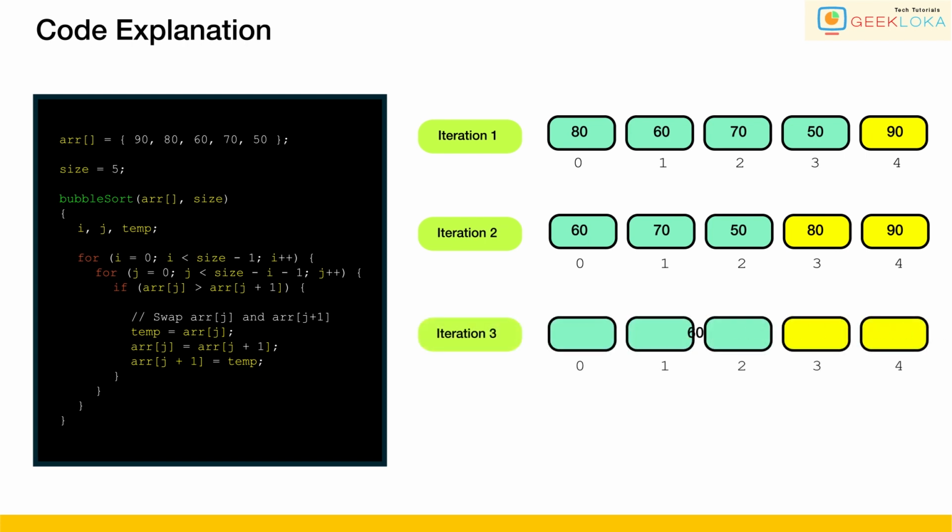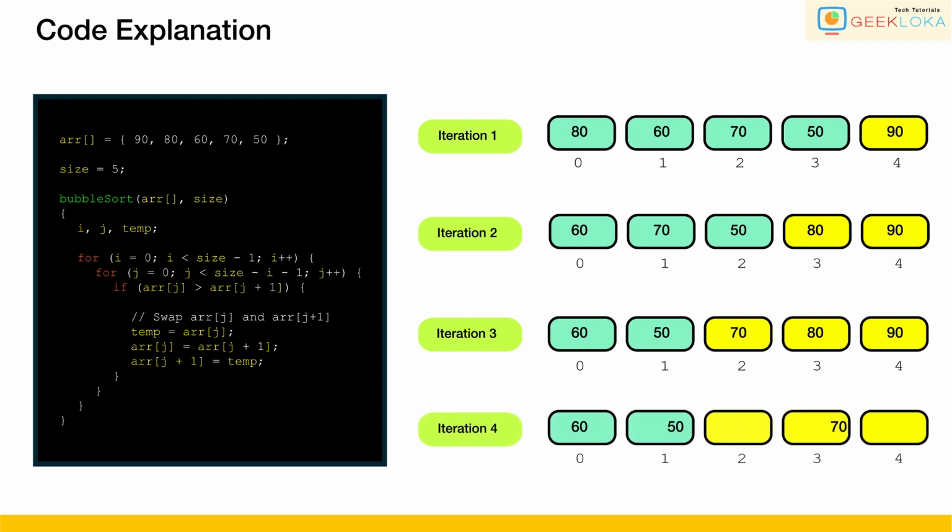Third iteration, our focus is now on the first three elements. We compare 60 and 70, no swap needed. But 70 and 50 need to swap. Our array now reads 60, 50, 70, 80, and 90.